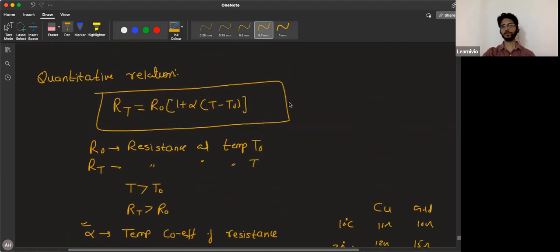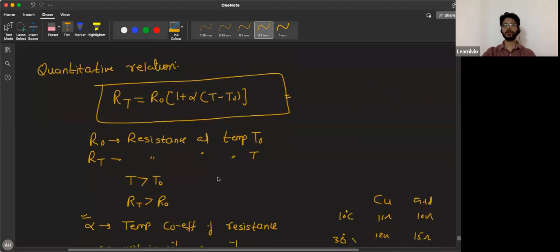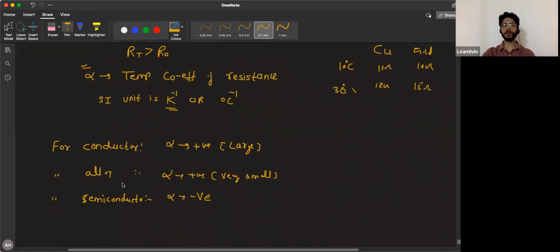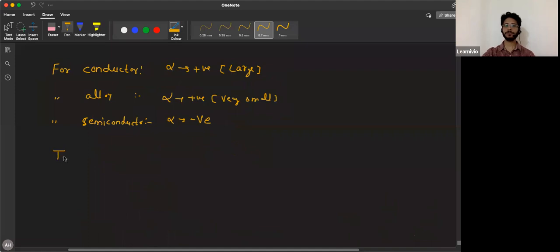So we'll do numericals on this concept. This T naught is sometimes known as reference temperature. Its value is either 0 degree Celsius or room temperature.